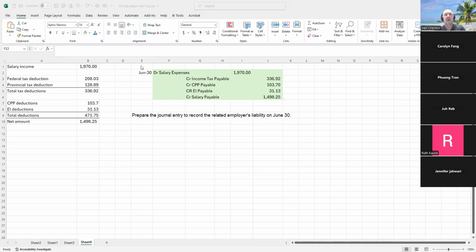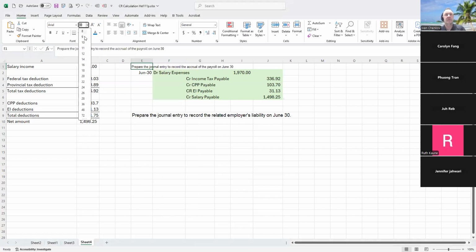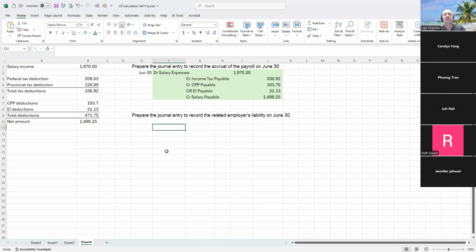Let's say here you have this condition that you have to pay those. So the next entry asks you to show me how much will be the deduction for the employer. On June 30th, how much the employer owes. We're taking all those things from the employee and giving the employee only that much.